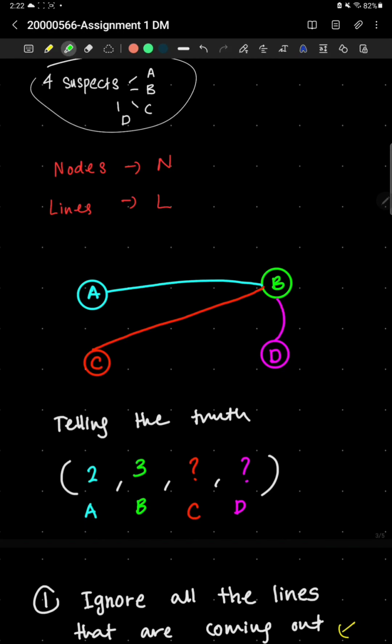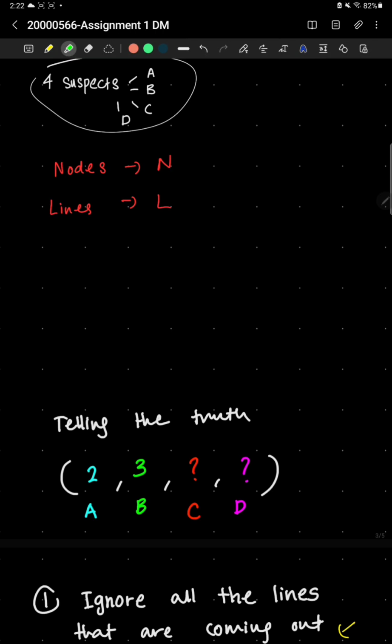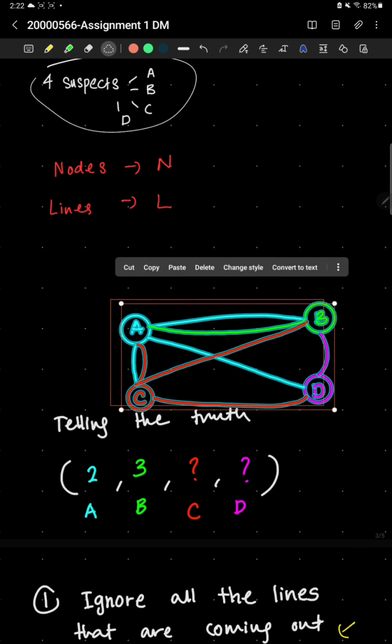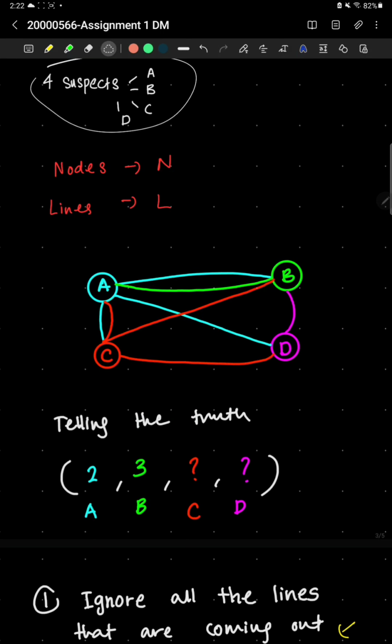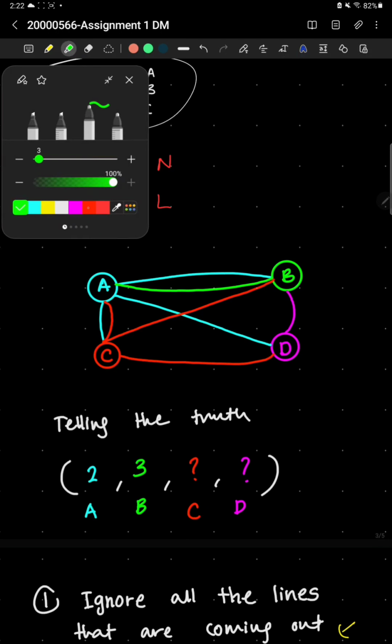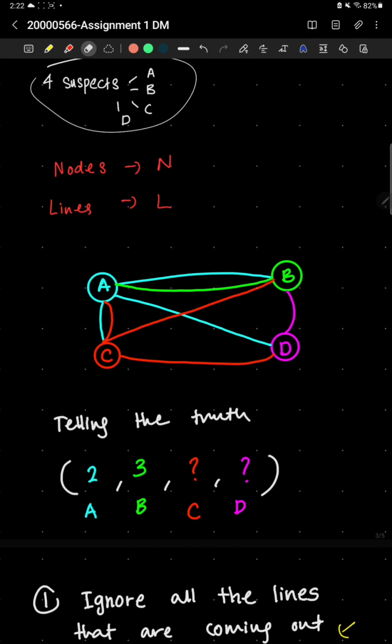Now we are going for C. For C, we have red color. For C, we remove all the lines that are coming out from C, which is this one and also this one.